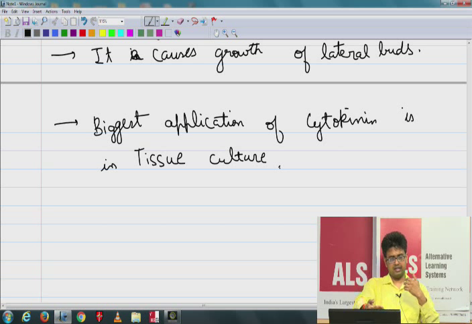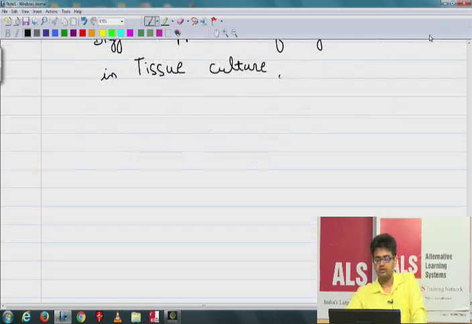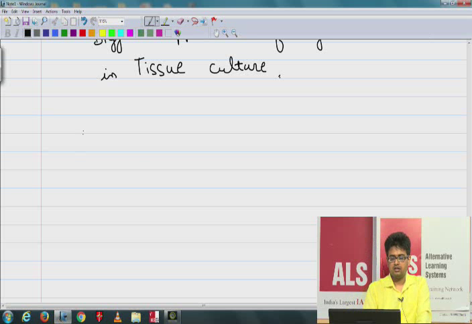I'm just going to draw the diagram of tissue culture right now. I will explain to you. That is why I just wanted you to know what tissue culture is before I begin. Okay. Now, suppose this is a plant.